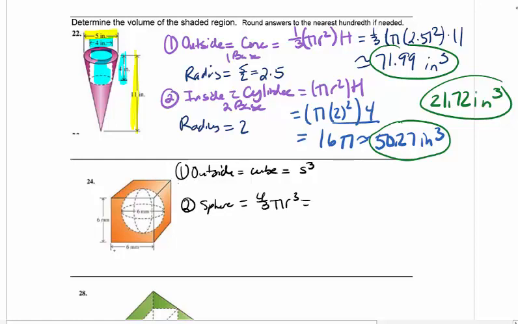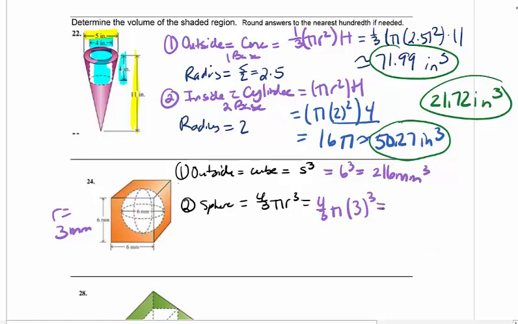Looking at this, for my cube, all my units are the same, so it's 6 cubed. Put that in my calculator, and you should get 216 millimeters cubed. For my sphere, we have r cubed, and be careful, again, the radius here should be 3 millimeters because that's the diameter in the picture.